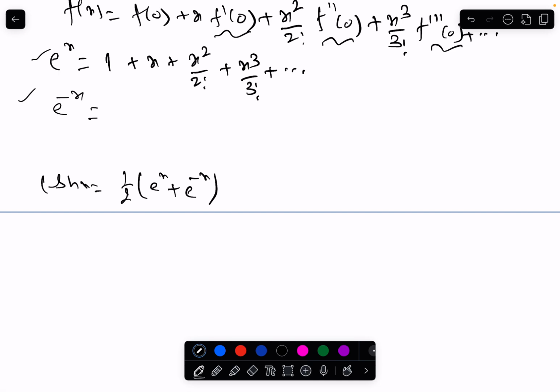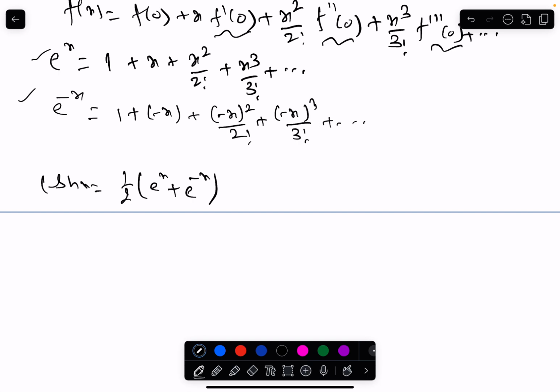Wherever there is x, you put minus x. So this is 1 plus minus x plus minus x square by factorial 2, minus x cube by factorial 3, and so on. So this is 1 minus x plus x square by factorial 2 minus x power 3 by factorial 3, and so on.